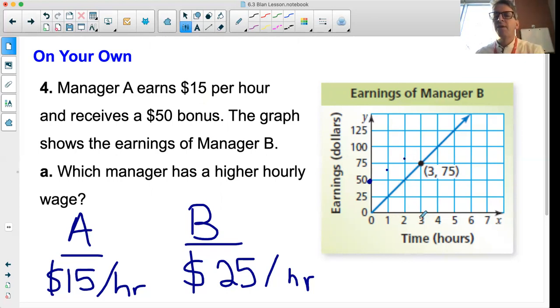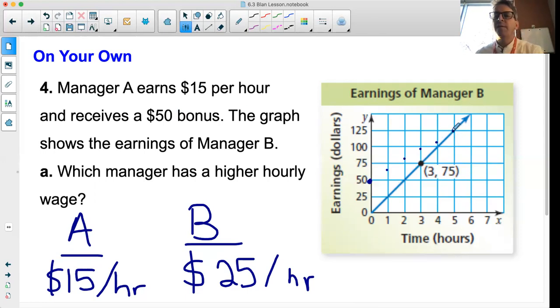3 hours would be 3 times 15, which is 45, so 95, right about there. 4 hours would be 110, which is right about there. You can still see that he's above the line. After 5 hours, that'd be 5 times 15, which is $75, plus 50, which is 125.